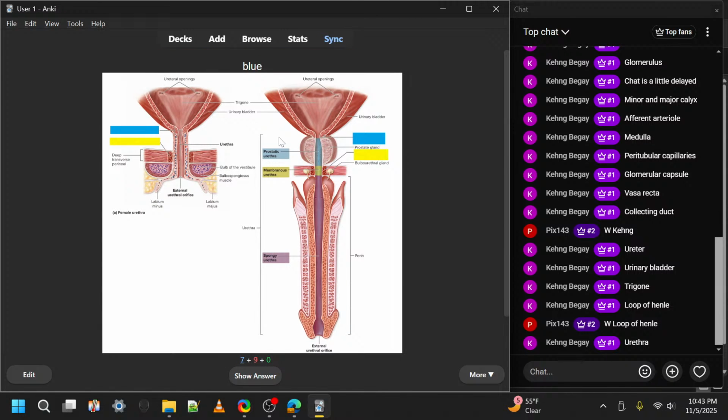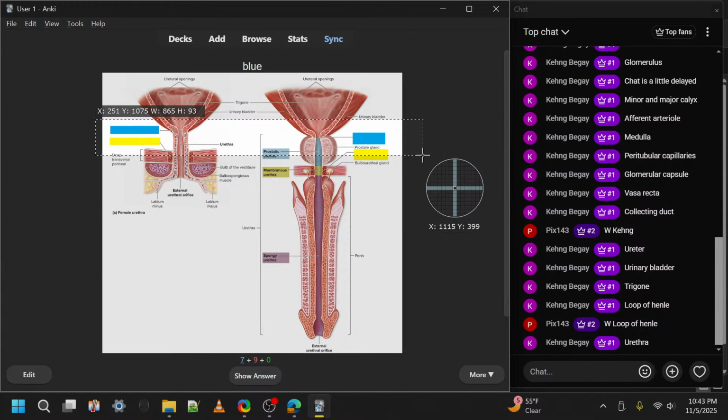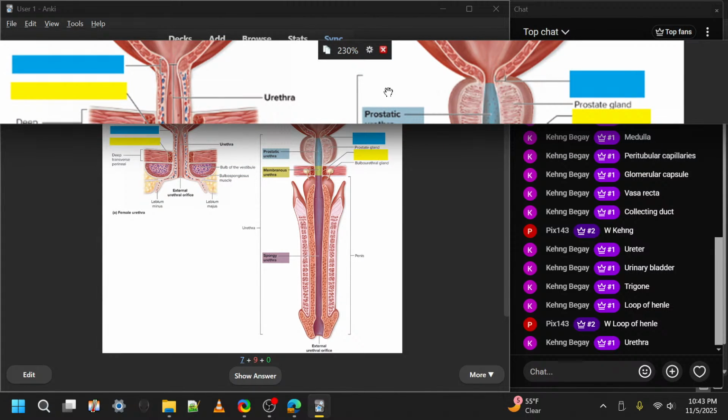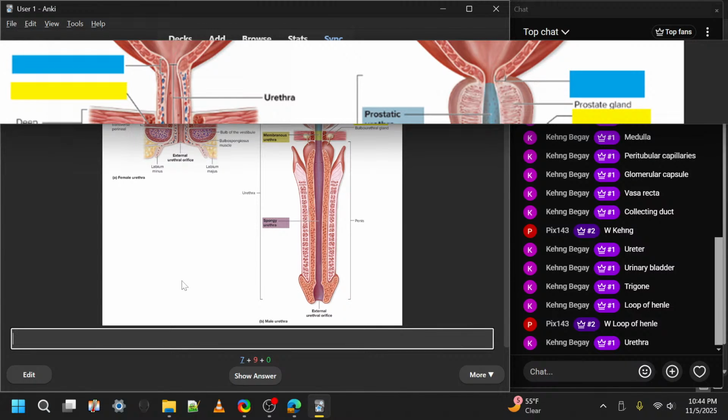Alright. What is the blue? Okay. I believe the blue is the internal urethral sphincter. Alright, I want to see your guess though, Kang.